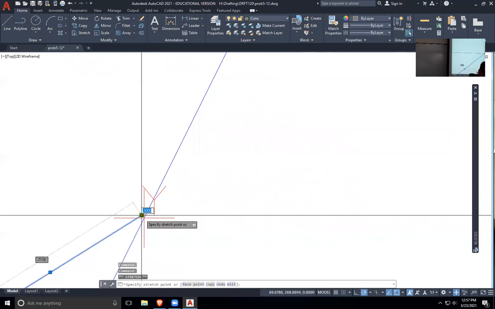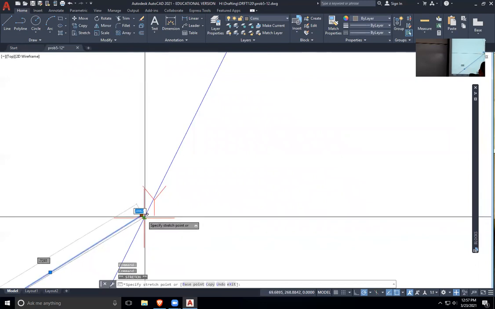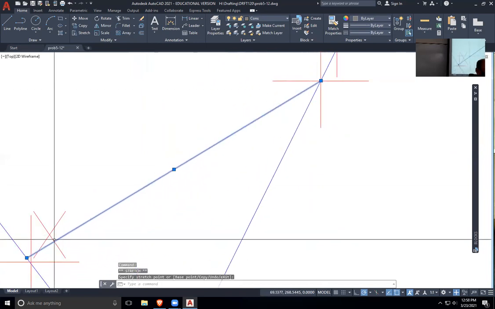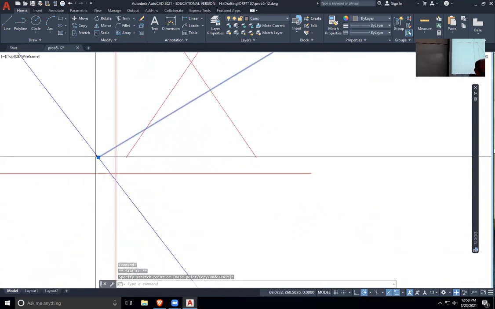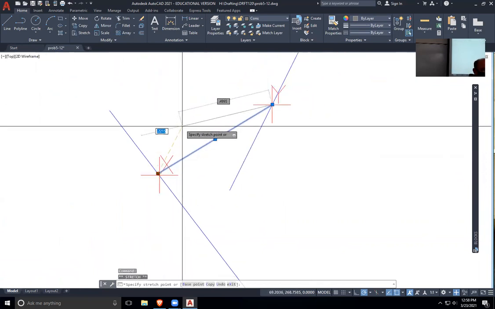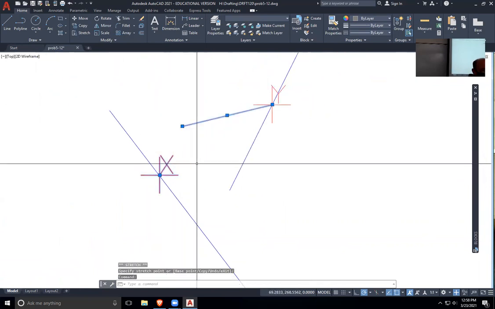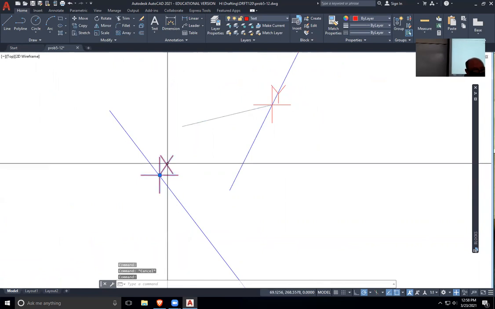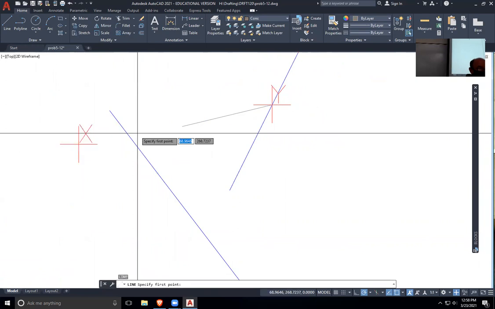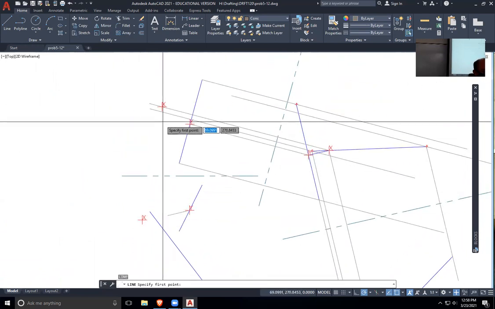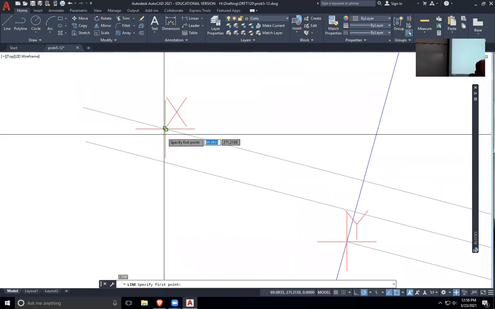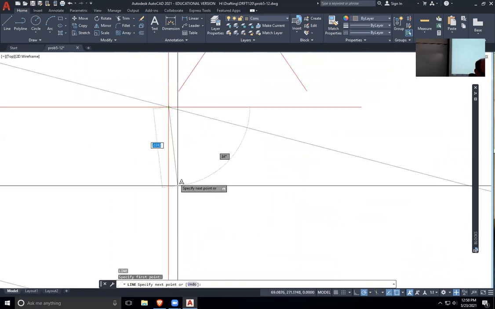Oh, the insertion point is not at the same place. That's weird. Oh, there are two insertion points, one for the text.